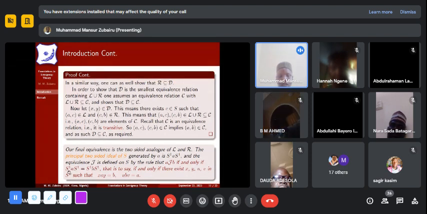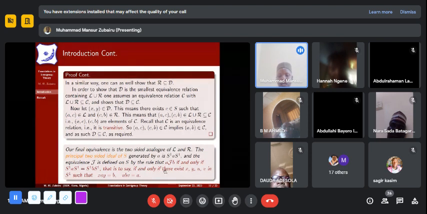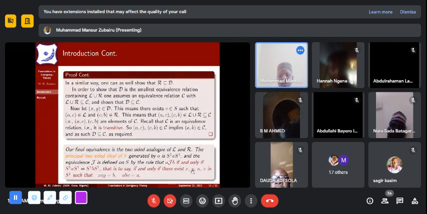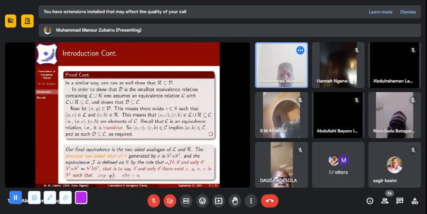That is S1 A S1 is equal to S1 B S1. That is to say, if and only if there exist four elements in S1 such that XAY equals B and UBV equals A. I think it's an easy exercise to demonstrate this.